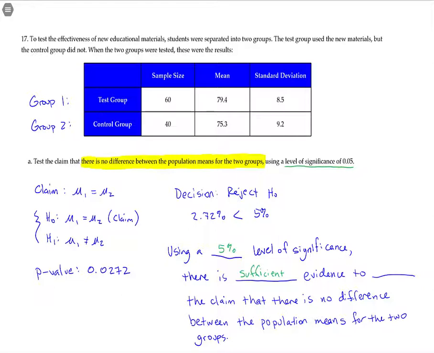You would just say is if it's reject, and is not if it's fail to reject. Evidence to, and then in this case we're trying to either support or reject the claim, and the way we do that is the original claim was in the null hypothesis. So here we are trying to reject the claim. So using a 5% level of significance, there is sufficient evidence to reject the claim that there is no difference between the population means for the two groups.